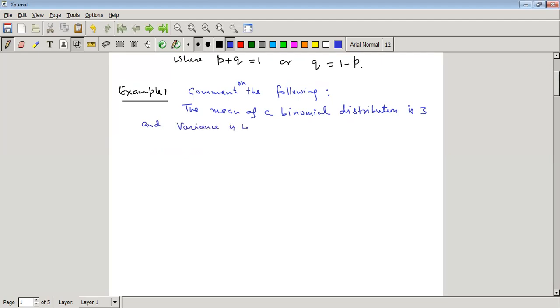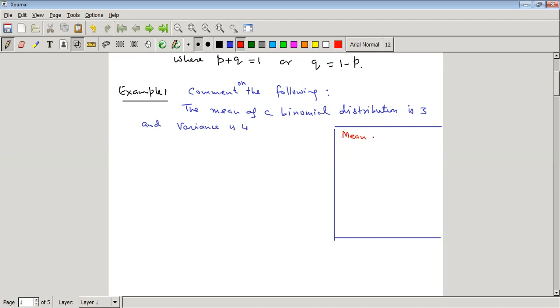In the last lecture, we discussed mean and variance of Bernoulli's distribution. But we will discuss how we can find the mean and variance of binomial distribution in today's lecture. So what is the mean of binomial distribution?